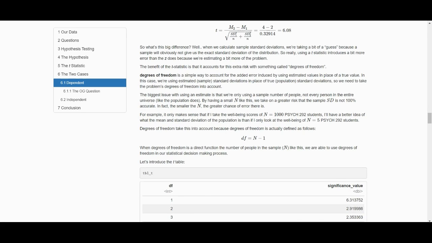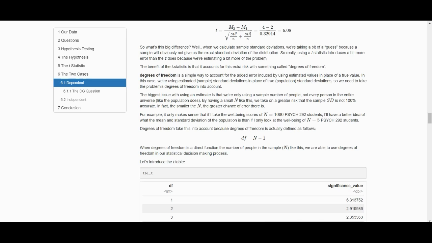Well, when we calculate sample standard deviations, we're taking a bit of a guess, because a sample will obviously not give us the exact standard deviation of the distribution. So really, using a t-statistic introduces a bit more error than the z-statistic does, because we're estimating a bit more of the problem, whereas before we were given exact numbers. We were making fewer estimates.